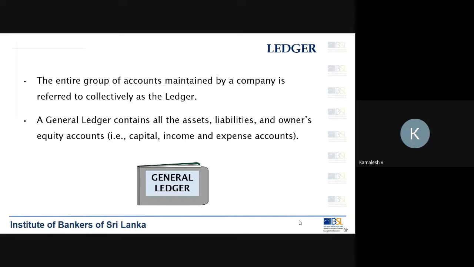A ledger will have thousands and thousands of accounts. But today, all these accounts are maintained in bits and bytes. So the entire ledger is maintained in this way, right?